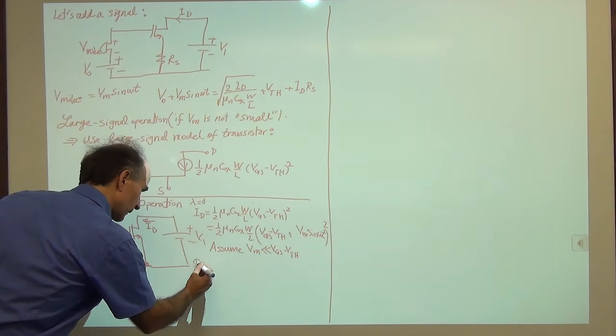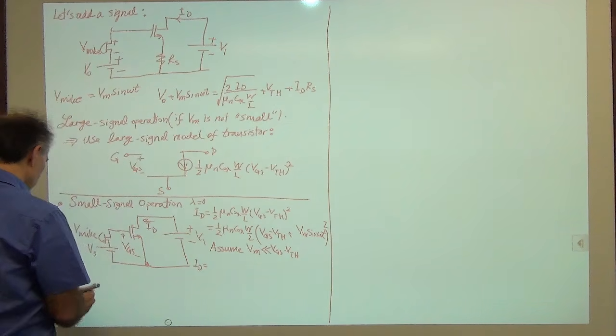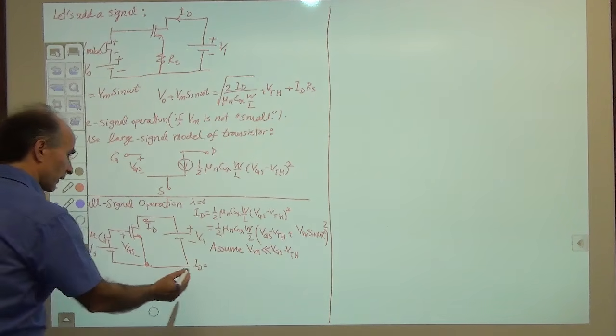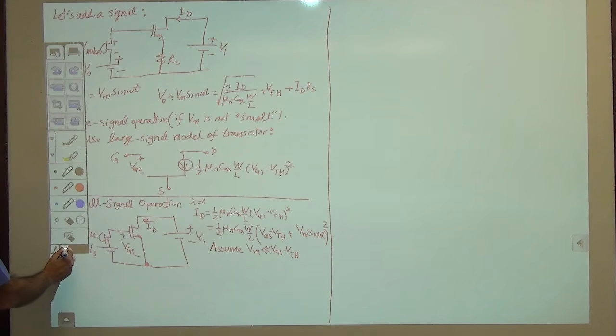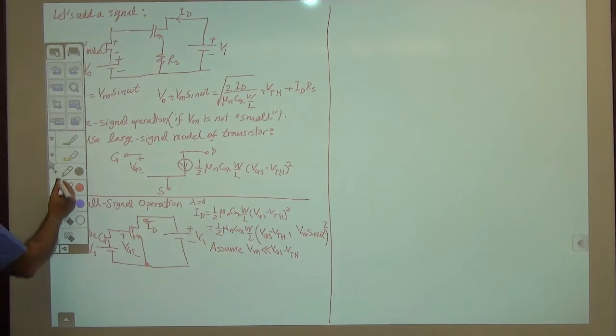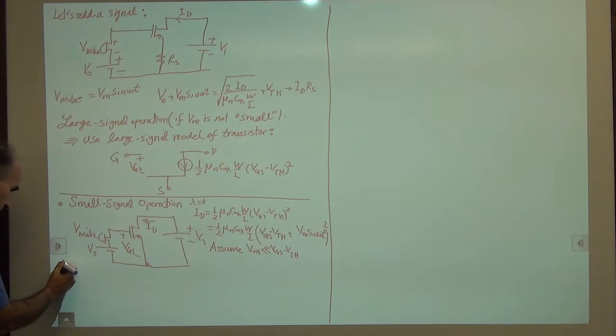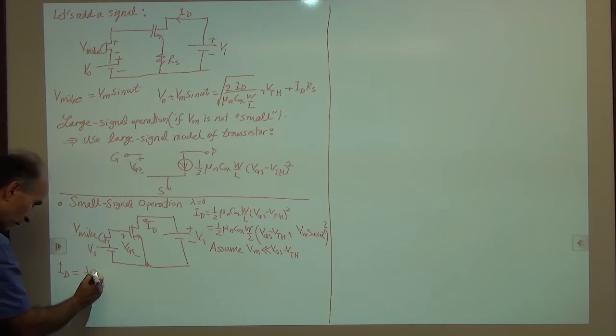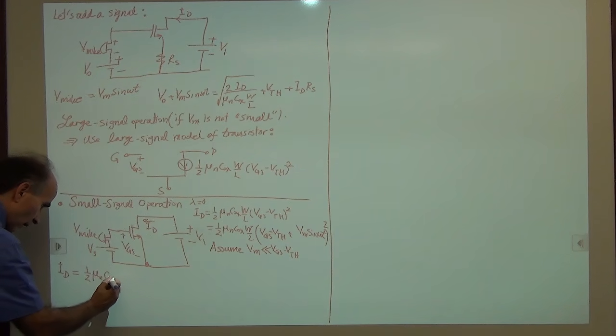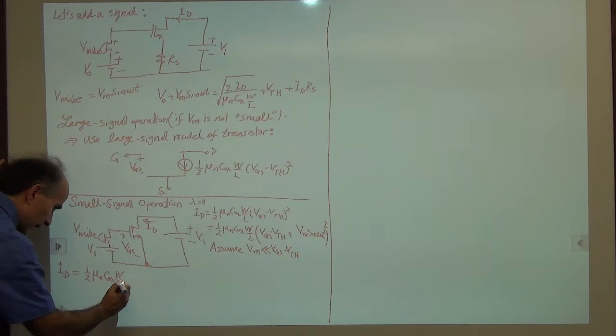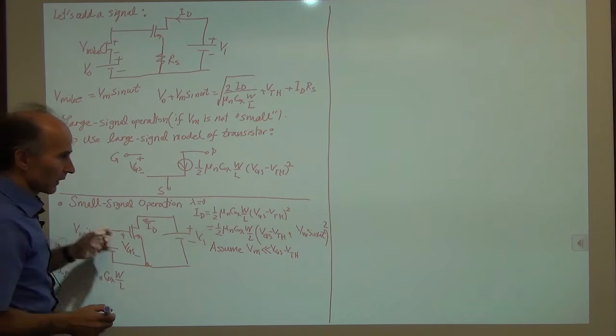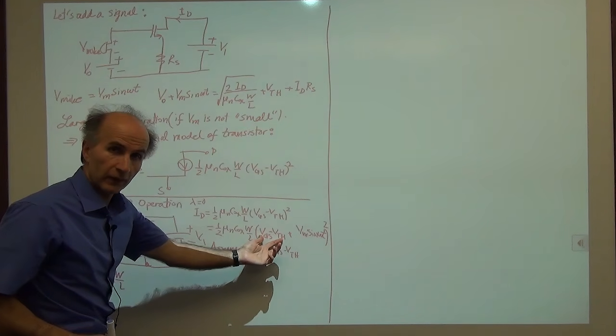Okay, so then ID is equal to, let me actually write this down here because I need more room. So ID is equal to 1/2 of mu n C aux W over L. All right, so I will factor VGS minus VTH out of here.